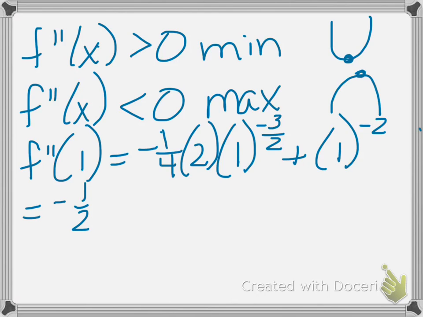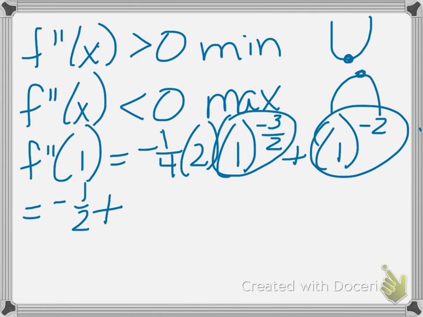And then 1 to the anything will give you 1. So it's just negative half times 1, which is negative 1/2. Plus, again, we have a 1 to the anything that is 1. So negative 1/2 plus 1 is a positive 1/2. And we just said by the previous rule that if it's greater than 0, there is a min.